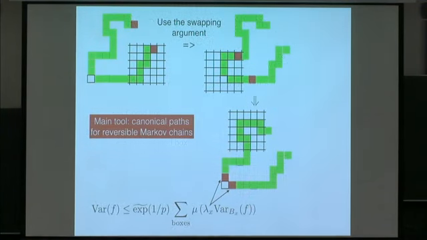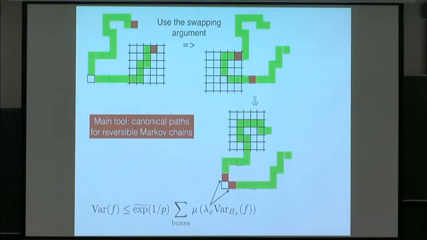Okay, so once we have this path ending with a good box, then we can start to use this swapping argument. Namely, we try to bring this box, this super good box, super good means a column and a row that are completely infected, along the path. And we can do that by only paying an exponential in 1 over p cost.